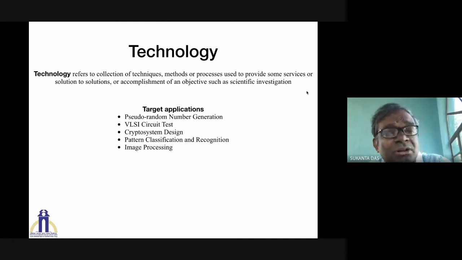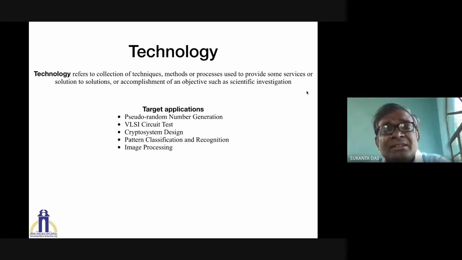Sometimes they are used in sensor networks, and in modeling of artificial life. These are some application areas where cellular automata have been successfully used.